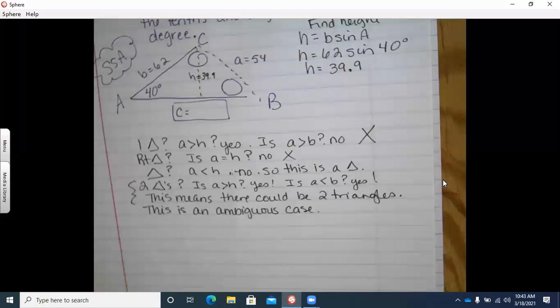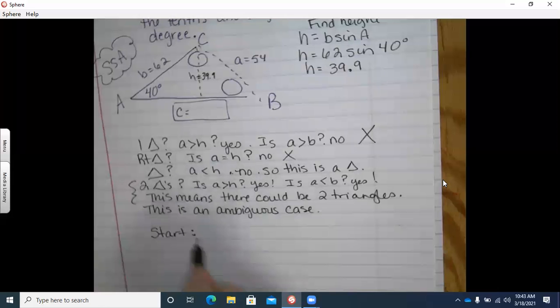Okay, so if it's two triangles, which it is, we have to solve both of them. You're going to start with the law of sines, with what you know and something that you're trying to find out. That's how you would start.